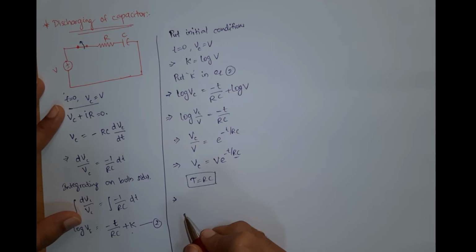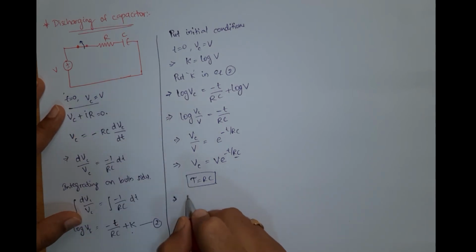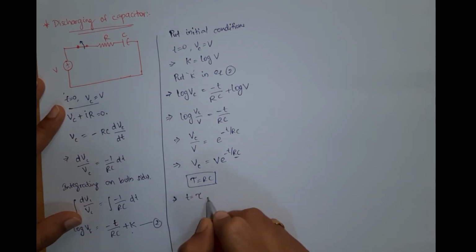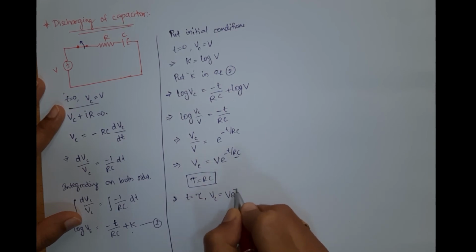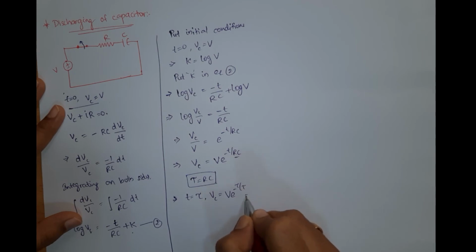Now let us see the behavior of the RC circuit for different values of t at discharging time. The initial condition is this one. Let me see what happens to the response at t equals tau, that is Vc equals V into e power minus tau by tau, which gives V times e power minus 1.